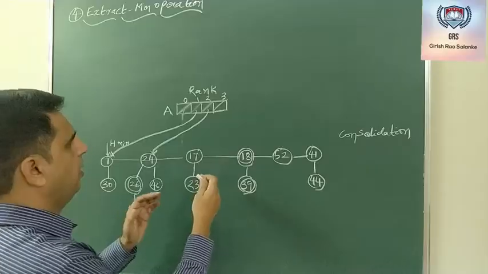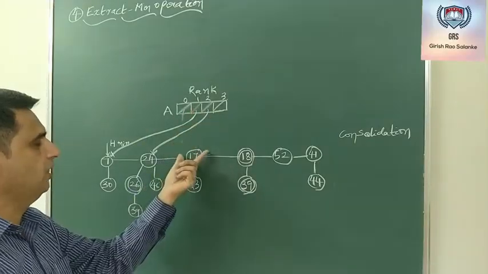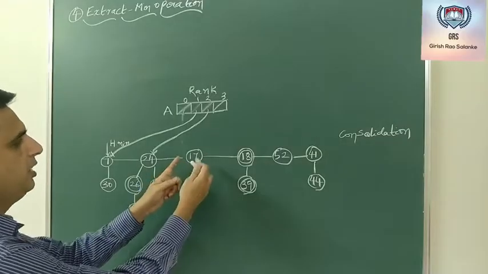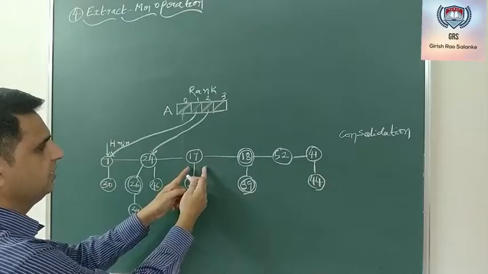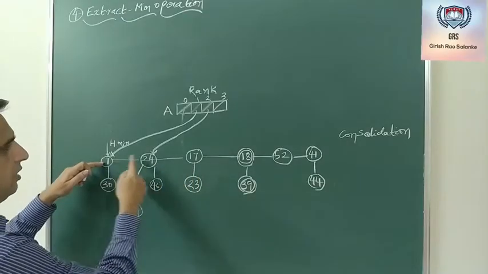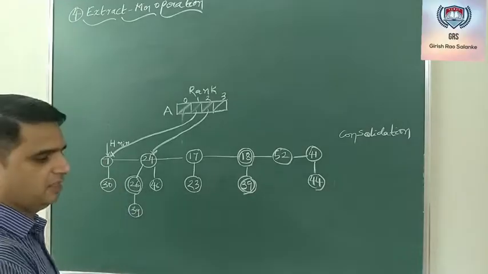Now for 1 child, the location is A of 1. A of 1 is already full. Now what do I need to do? I need to merge this and this one together. Among these two, which is having a lesser value? 7 is having a lesser value.